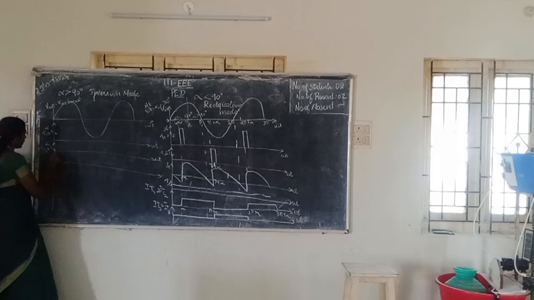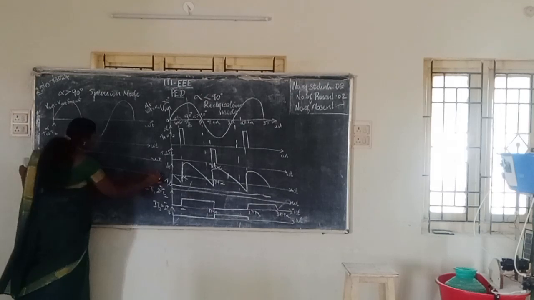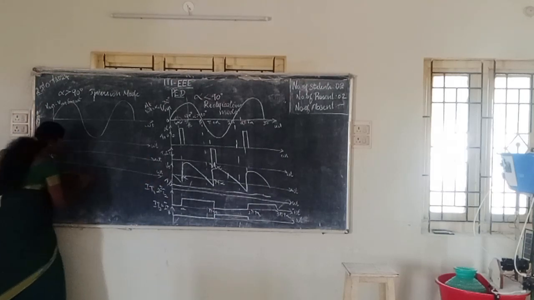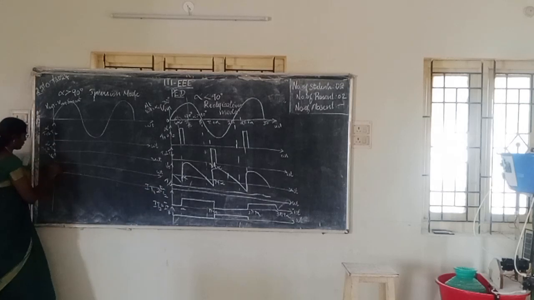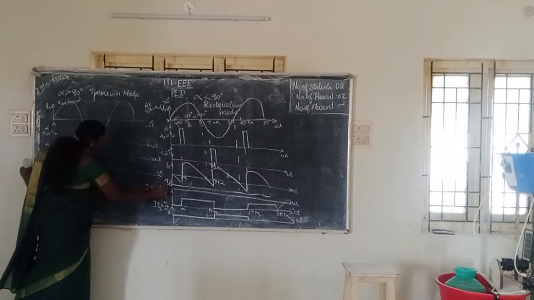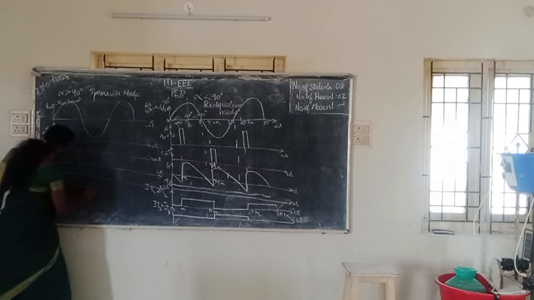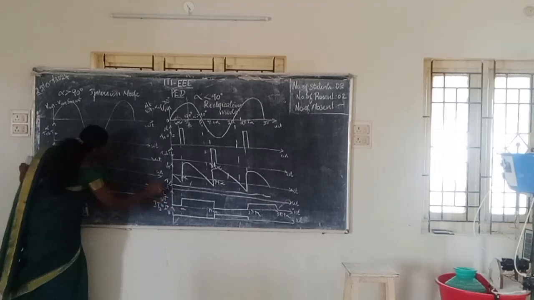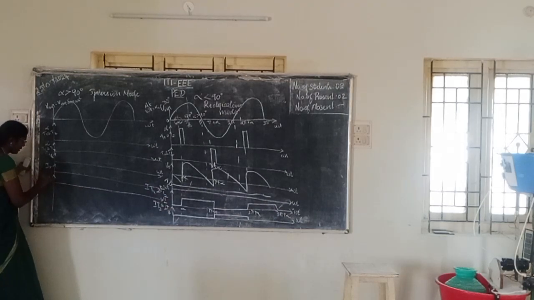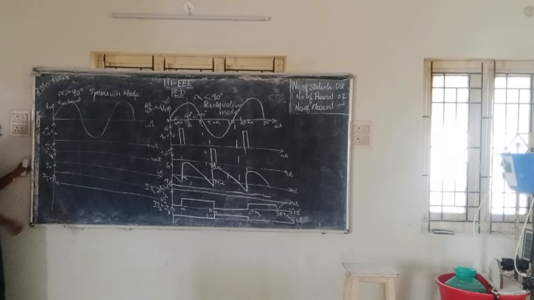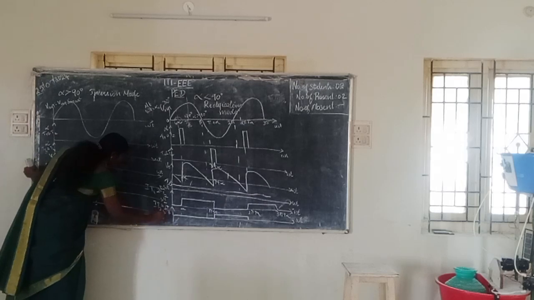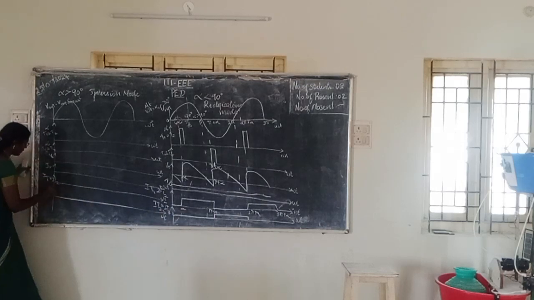Next we will draw the output voltage V0 with respect to omega t, and then the output current with respect to omega t, and similarly the current at thyristor 1 and thyristor 2, IT1, IT2. Last, with respect to omega t, we will draw the current through thyristor 3 and thyristor 4.